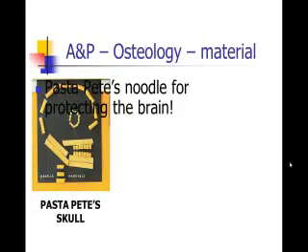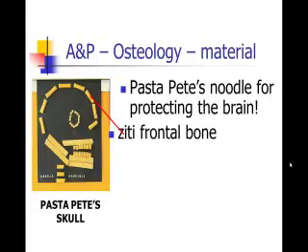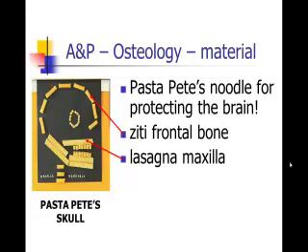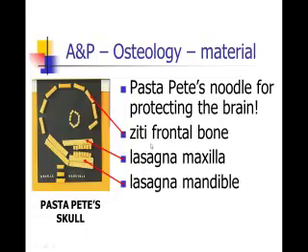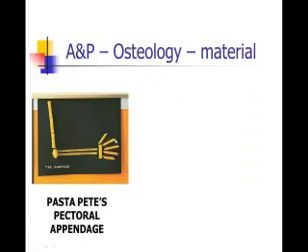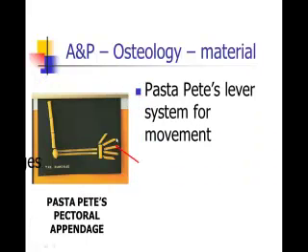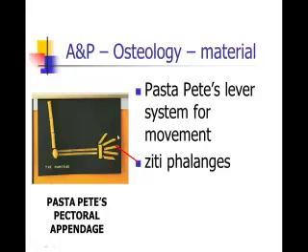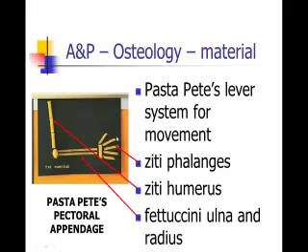Look at his noodle for protecting his brain. Oh my God, it was a ziti frontal bone. Not too smart there. Lasagna for maxillary bone and for a mandible, and you can see he had little unis for teeth, bow ties for an orbit. Look at this, his upper limb. This is ridiculous. He had ziti phalanges, he had ziti for a humerus, and he had fettuccine ulna and radius.